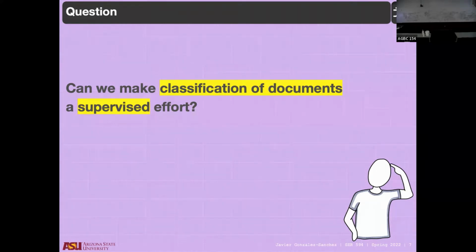Now, if we want to do supervised, we need the labels, and I think having the labels is easy. Having a bunch of emails that are spam and a bunch of emails that are not spam could not be so complicated. Good. Now, step two.